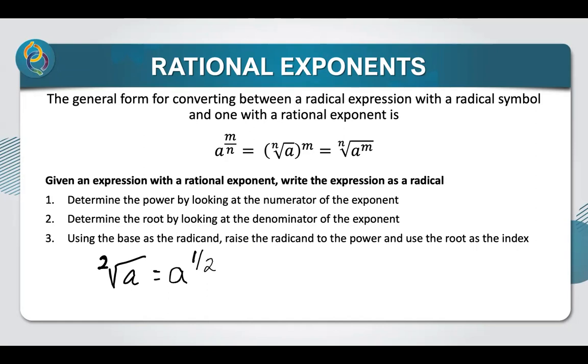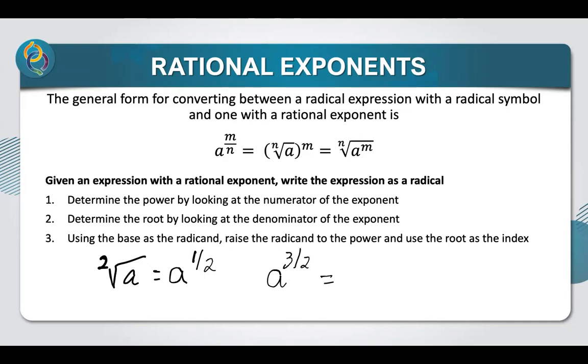Determine the power by looking at the numerator of the exponent, if a to the m over n. So the square root of a is a to the 1/2. Your denominator is actually the root and your numerator is the exponent. So if I have a to the 3/2, how do I write that as a radical?